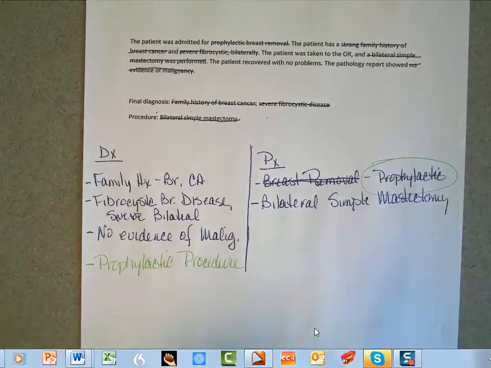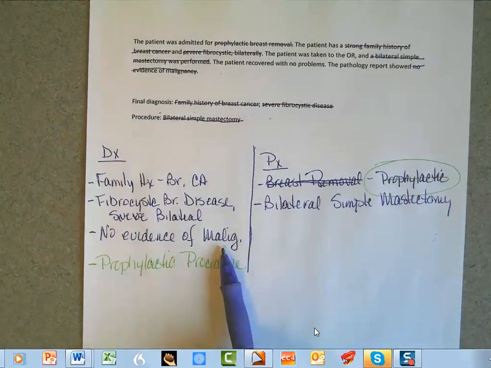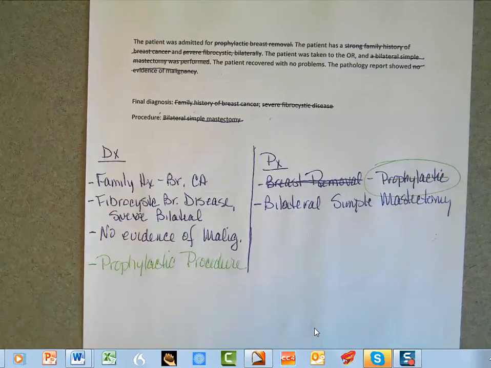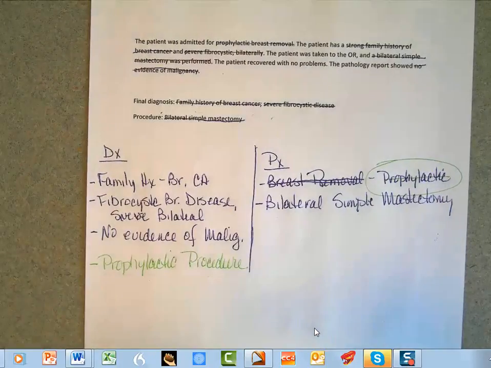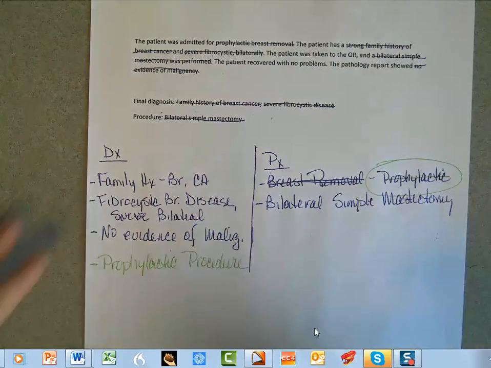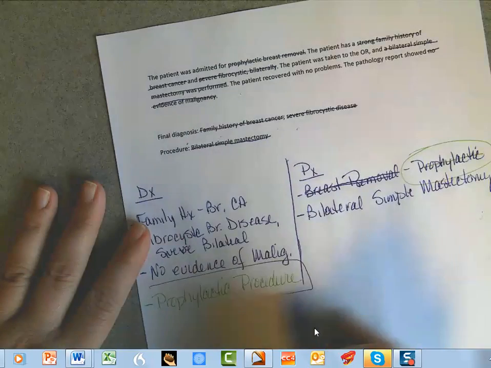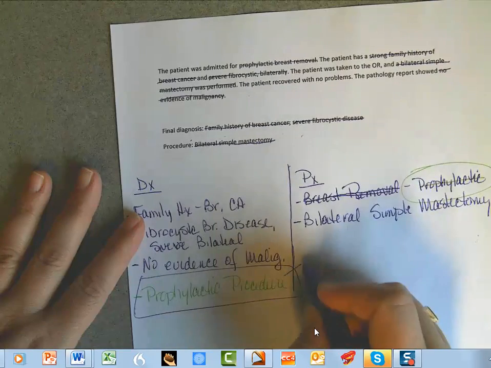Typically, you just live with it, all right? She wasn't admitted for malignancy. What was she admitted for? She was admitted simply to have a prophylactic procedure done, okay? So, our principal diagnosis is going to be the prophylactic procedure. That's our number one diagnosis.